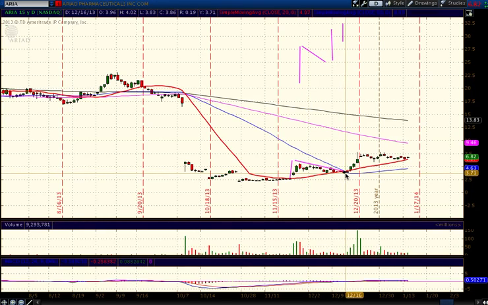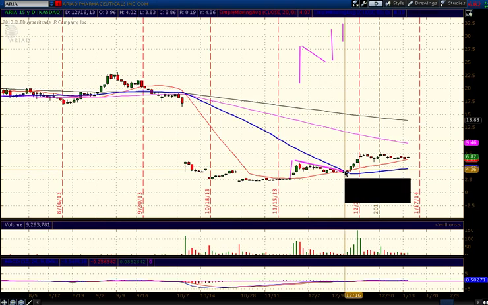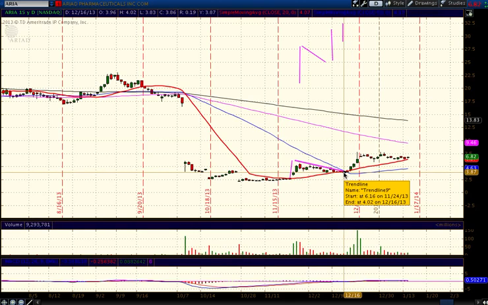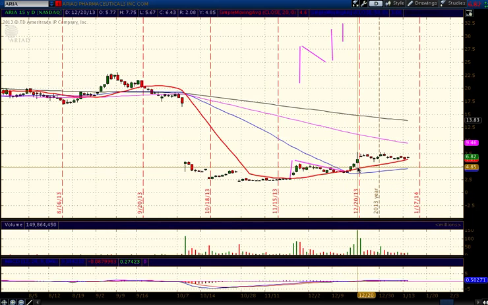So if I would have caught this back on December 16th, I bought this equity right at the 50 or the 20 right there at 407. You can see what kind of price action you get out of that. 407 to 775. That's almost a doubling move there in 4 days.